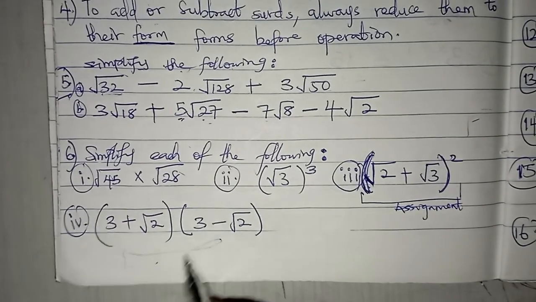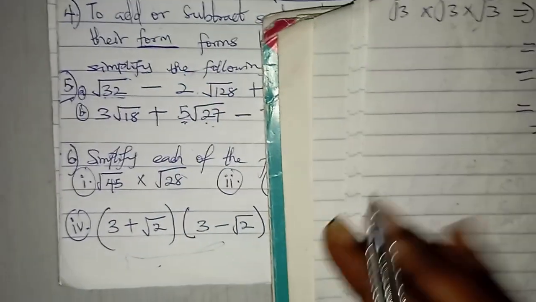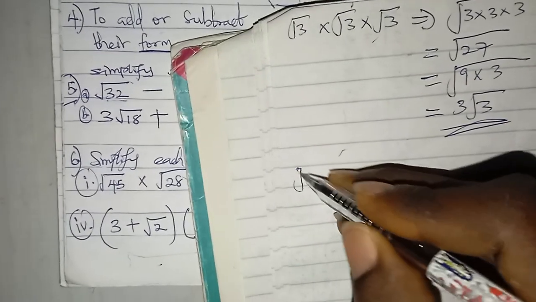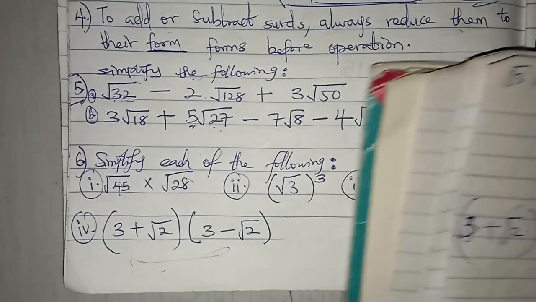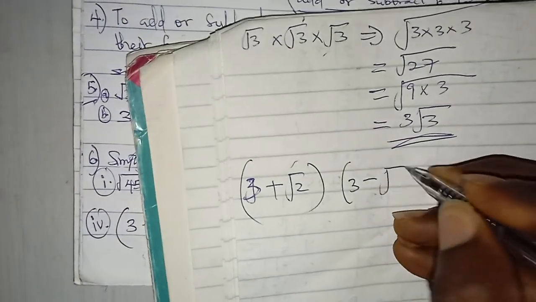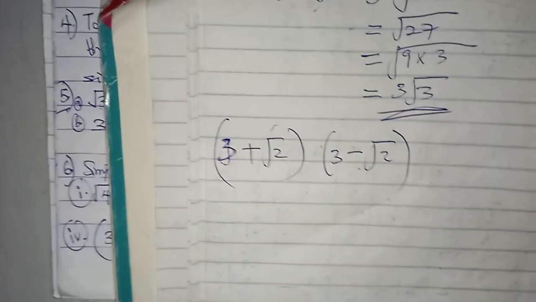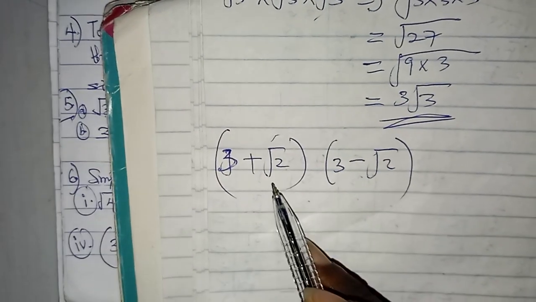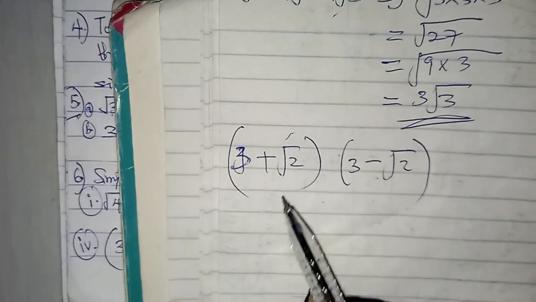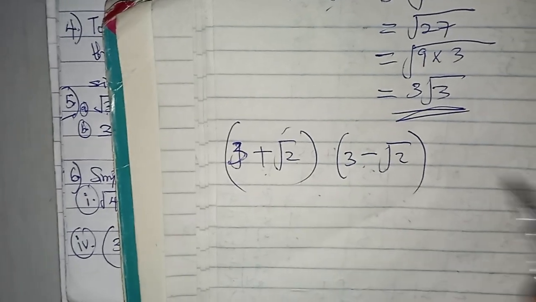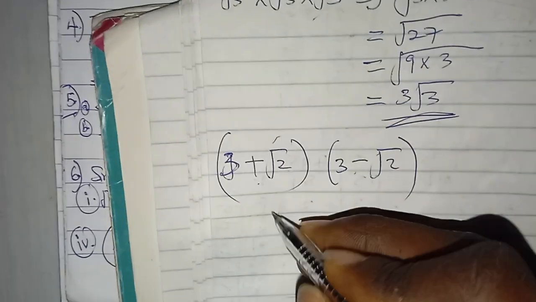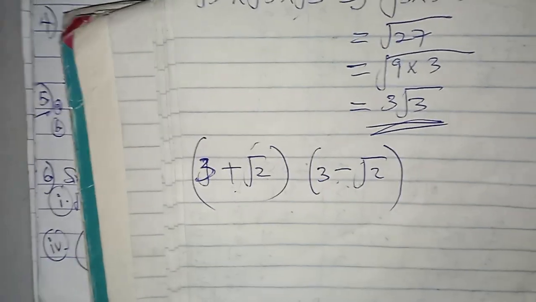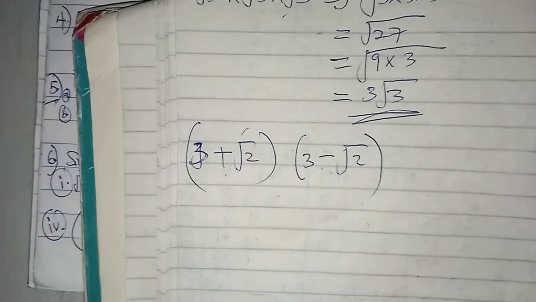Let me look at this one. So I have 3 plus root 2. Then I have 3 minus root 2. This is what we call conjugate surds. Whenever you have the same surd, but the only difference is the sign, and they are multiplying each other, we call them conjugates. The reason we call it conjugate is that the answer I will get here at the end of the day is no longer going to be an irrational number. It will now be a rational number.